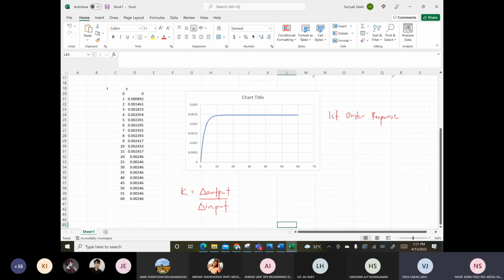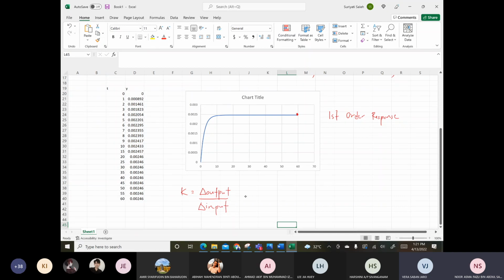So since you have the delta, what is meant by delta? The delta here is the difference between final value minus initial value. For example, delta output, the final value is located here, at the final time. So here the final time used is the 60.